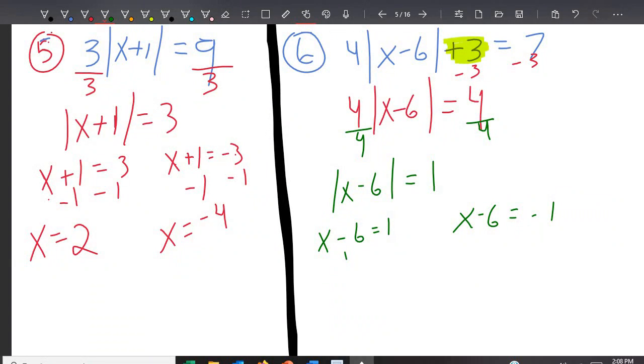And so when I solve this one, we add 6 to both sides. I'm going to get x to be 7. When I add 6 to this side, I'm going to get x to be positive 5. Okay, so that's absolute value equations.